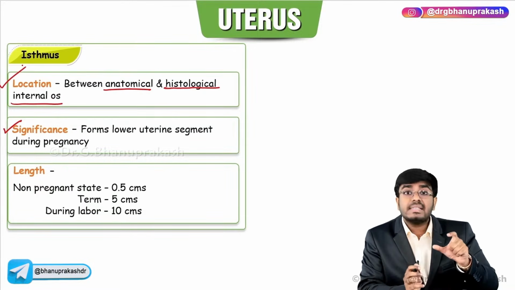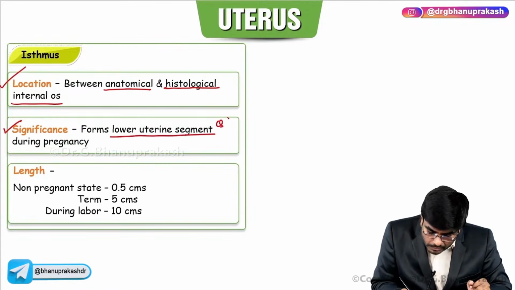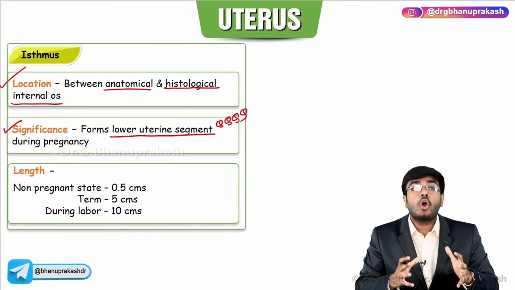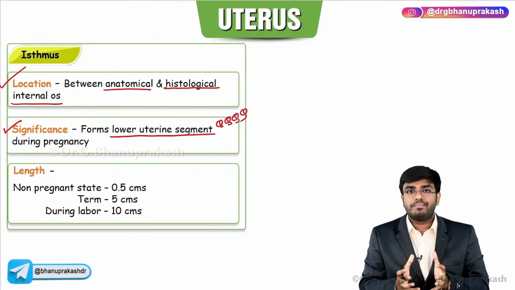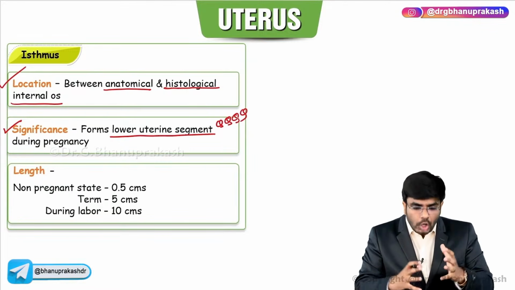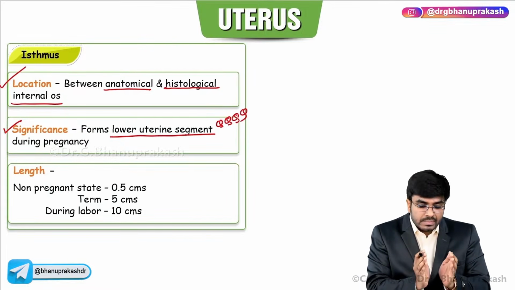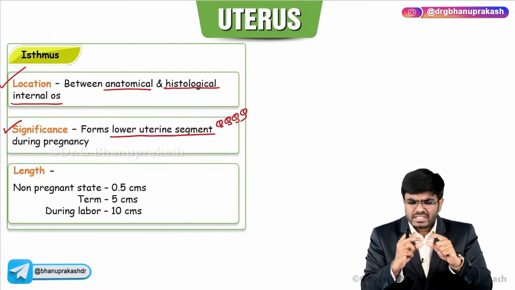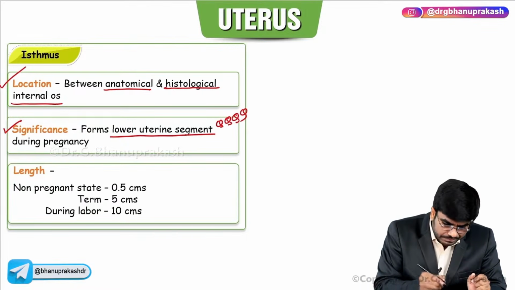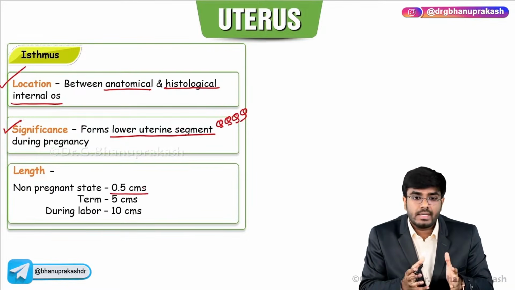Because this isthmus forms the lower uterine segment during pregnancy and delivery, in order to accommodate the upcoming baby. The baby is also growing. This isthmus is a very small area, actually only 0.5 centimeters in a non-pregnant woman.